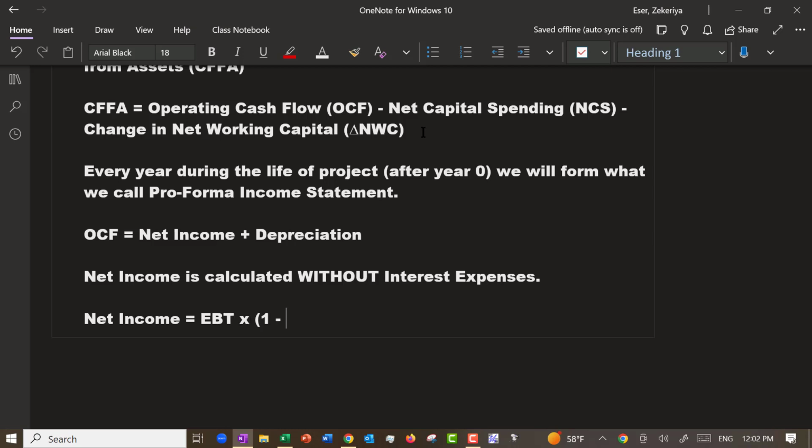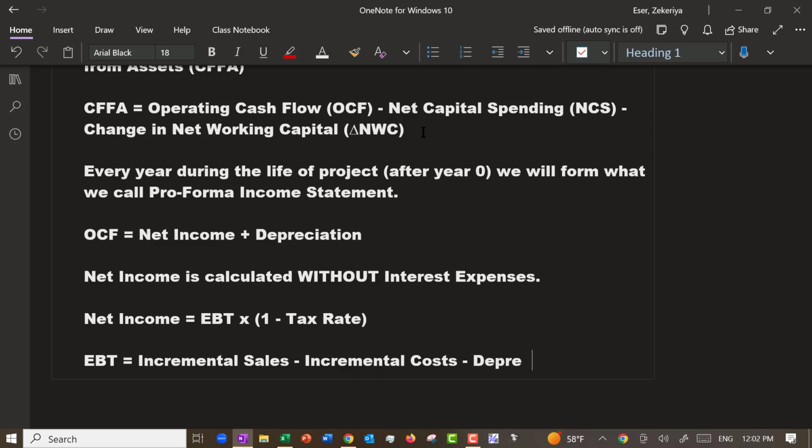And earnings before taxes is incremental sales minus incremental costs minus depreciation. I said incremental on purpose because if there are side effects, it's not those sales that I'm interested in. It's change in sales.